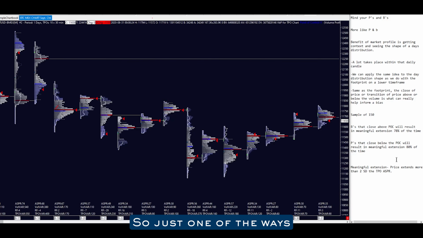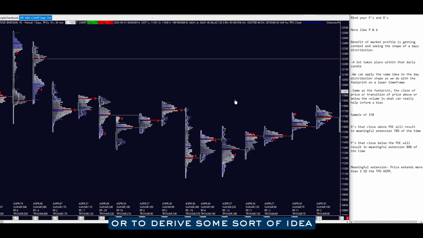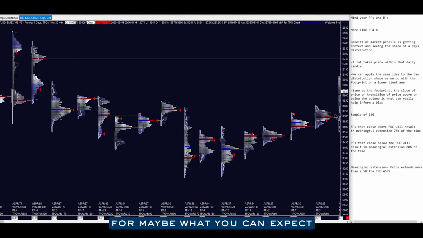So that's just one of the ways you can use profile, a very easy way to immediately start to separate data, going through historical profile types to derive a bias moving forward, or some idea of what you can expect, or how strong the current trend is, how strong that value area is, and so forth.